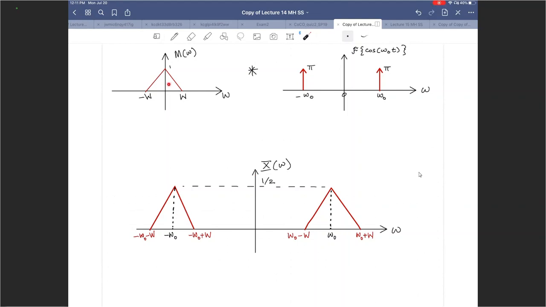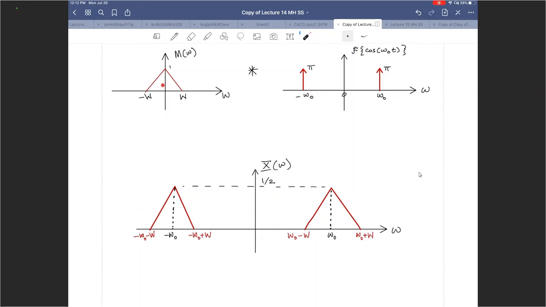So this is moving up in frequency and moving down in frequency. But how far up in frequency does it go? Well, that depends on the omega naught. The higher the omega naught, the higher it will be on the x-axis over here.